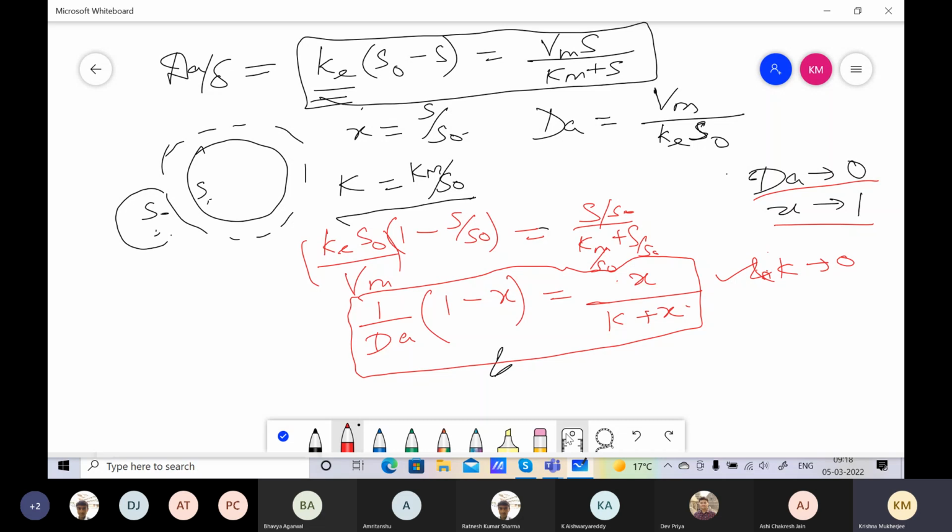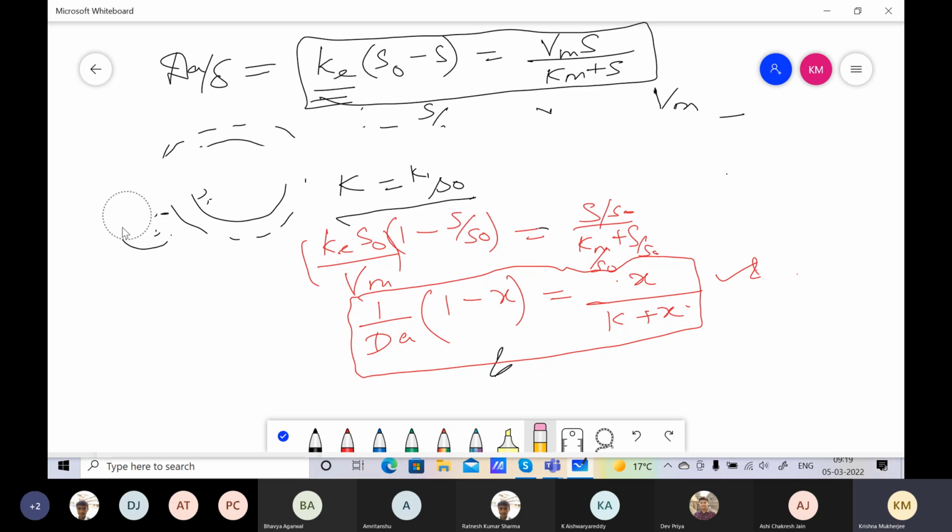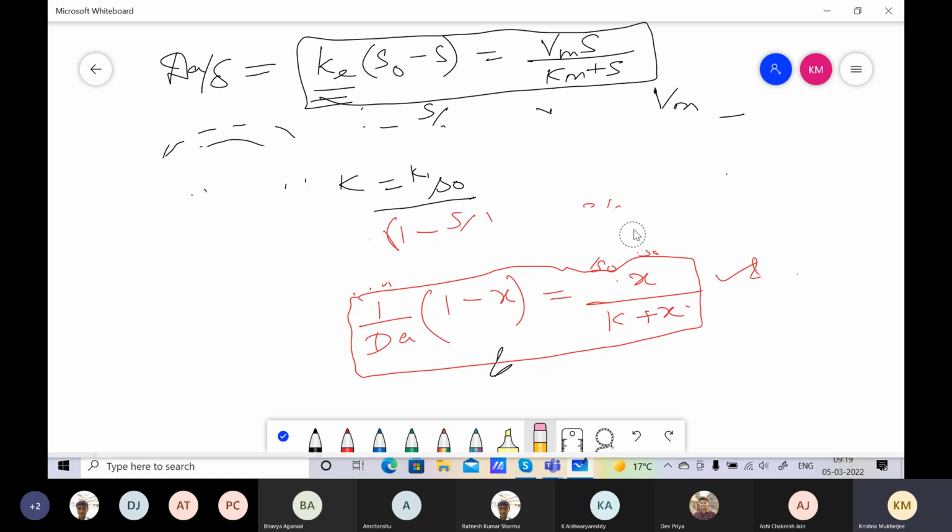The other, more logical expression that I will derive is the thing that you are really interested in, which is the efficiency of the reaction. And what is the efficiency of the reaction?